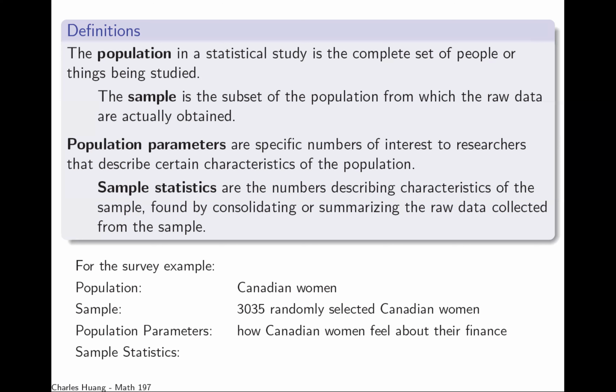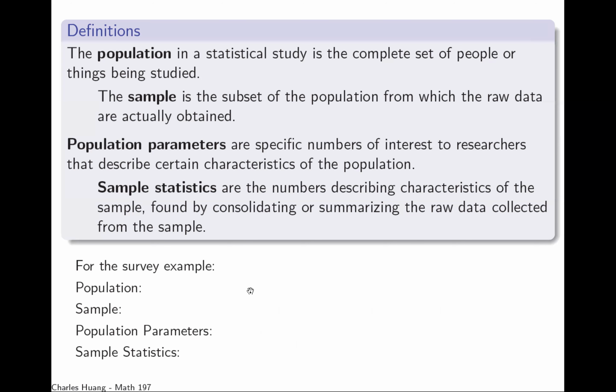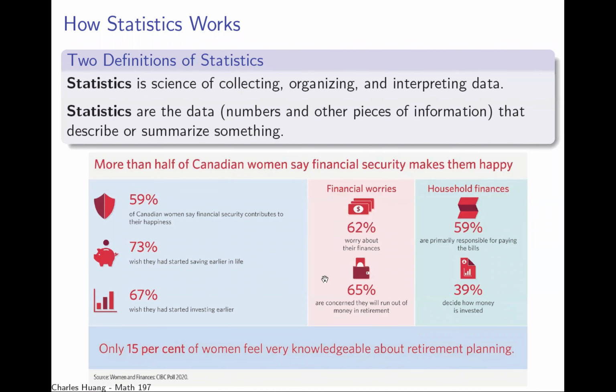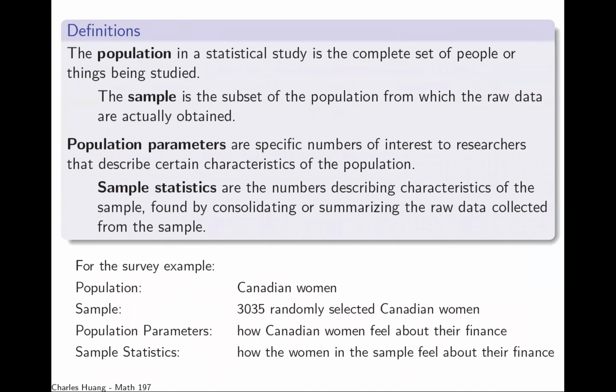And sample statistic is the number describing the sample and how the sample answered the characteristic. So in this case, we have 62% of our sample. They answered that they worry about their finance on the survey, and that is our sample statistic. 62% of the Canadian women in our sample feel concerned about their finance.